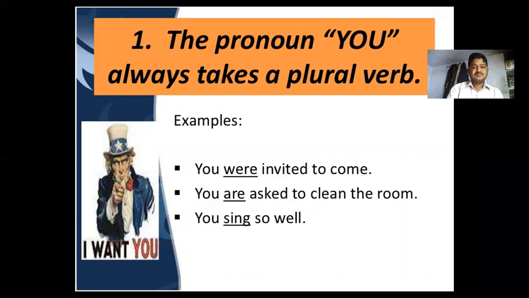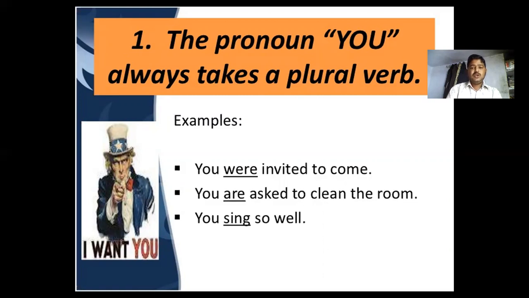You is a word which can act as singular as well as plural. So whenever we use you as the subject of a sentence, we have to use the plural verb form only. Otherwise, it cannot be treated as a good sentence in English.